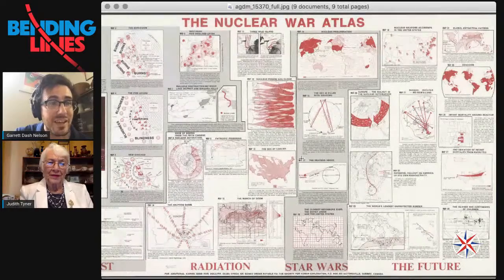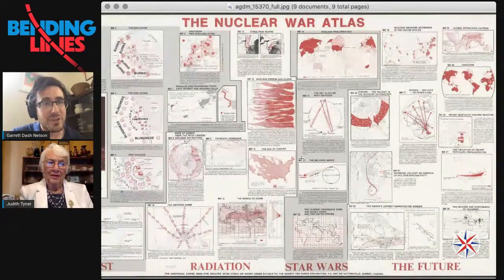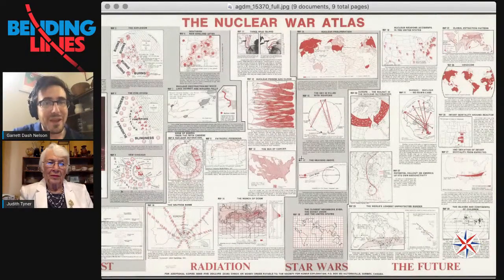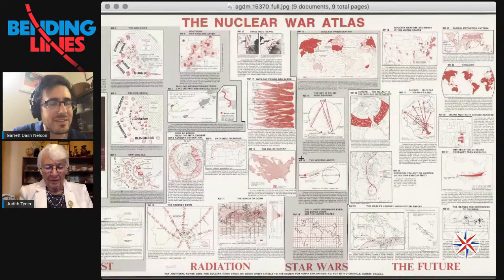Exactly. So obviously it was printed in two color printing, and Bunge chose red, as we see oftentimes in these kinds of maps, to symbolize danger. Can you say a little about the way that what kinds of technical possibilities are available to cartographers shape the ways that they're able to persuade?